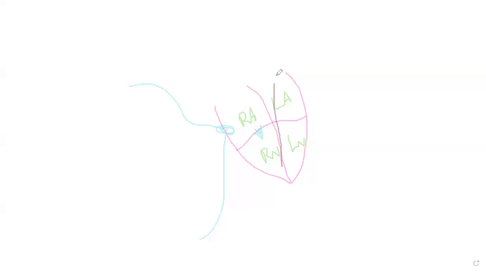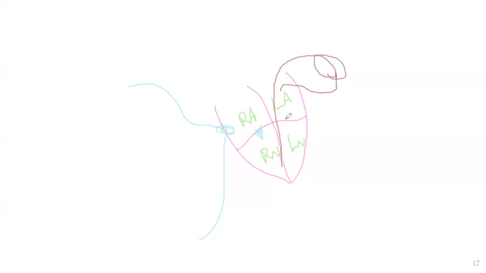From the right ventricle, it goes to the lungs for oxygenation. After the oxygenation is done, it reaches the left atrium.